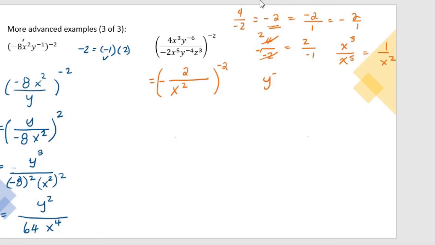What I do want to spend some time on is this y to the -6 divided by y to the -4. A couple different approaches, of course, here as well. If we go strictly by the properties of exponents, I would write y, and then I'll take the top exponent, the -6, and subtract the bottom exponent, -4. So y to the power of -6 minus -4 is the same as to the power of -6 plus 4.